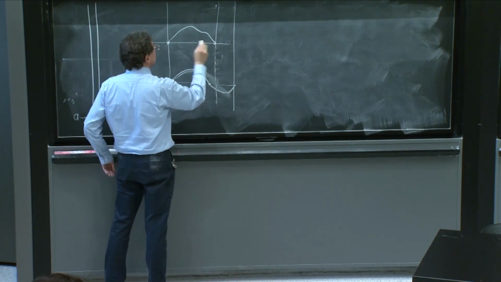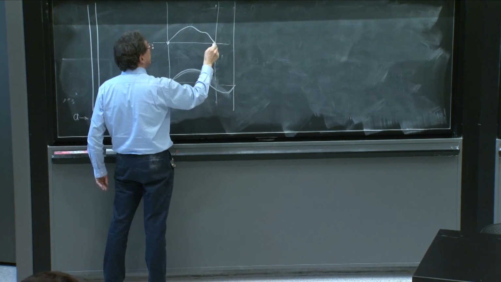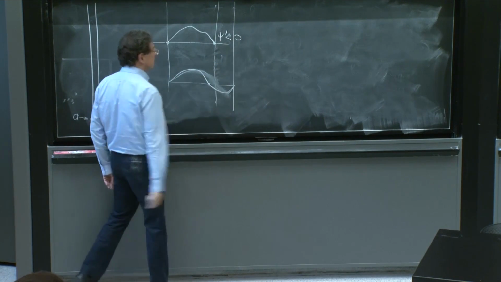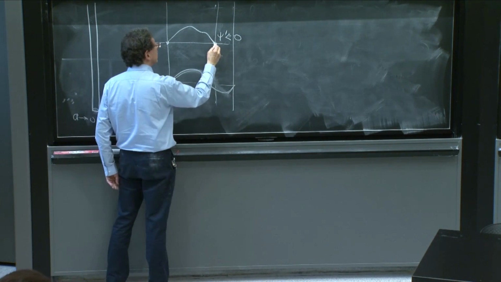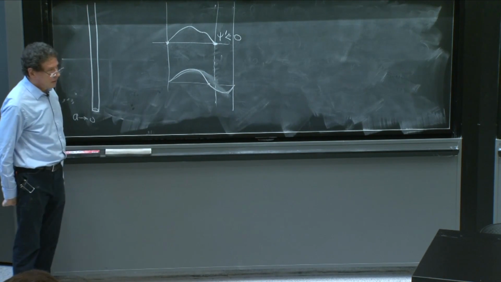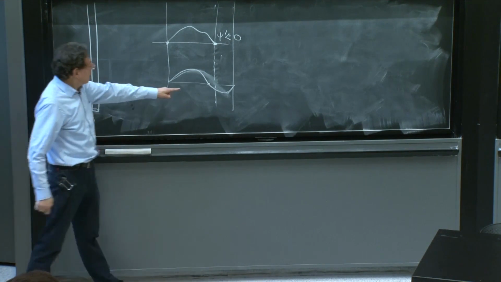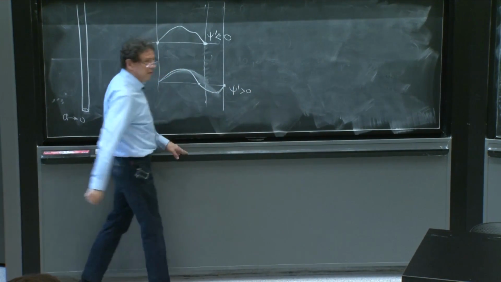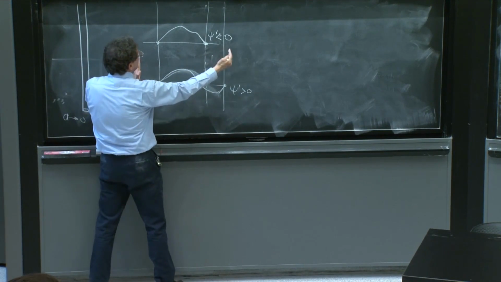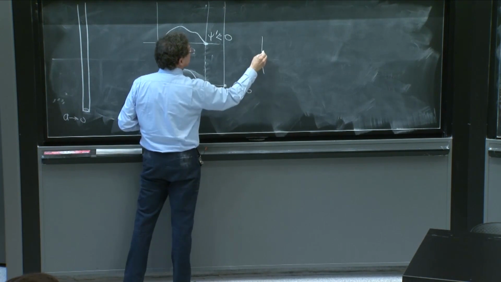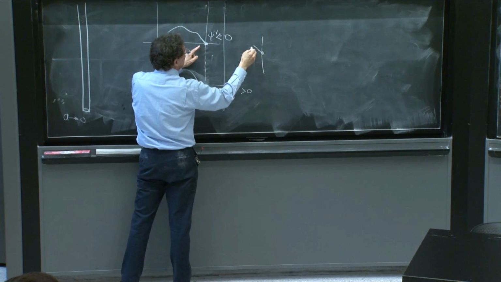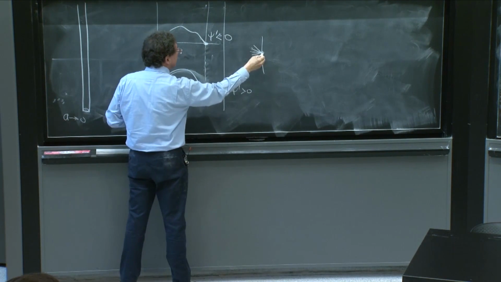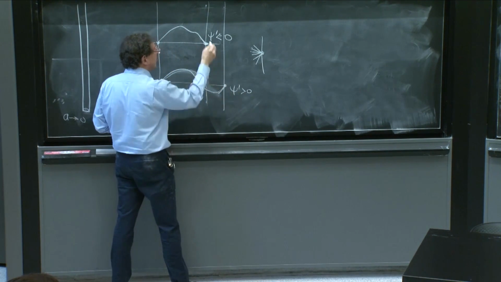Well, here was the original screen, and here the derivative, psi prime, is negative. On the other hand, psi prime here is already positive. So as you grew the screen, this psi prime that was here must have turned from negative to positive, the way it looks here.